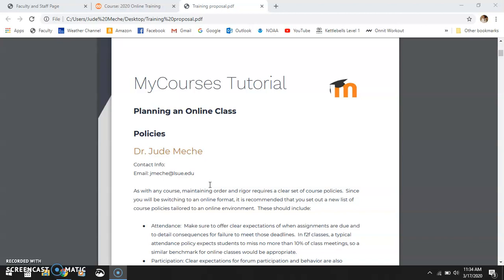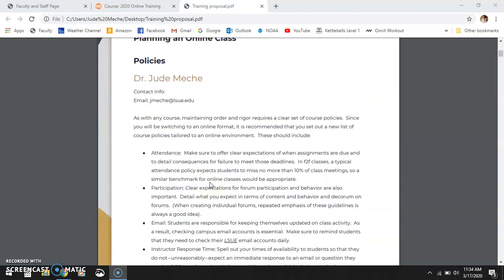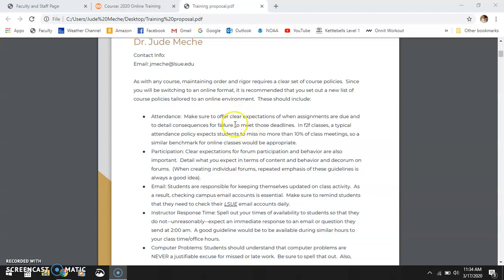Okay, so that being said, one of the first things that I would suggest that everyone do when they're planning on converting their classes to online is to think about and rethink their policies. Certain things are going to be very different. For instance, attendance.